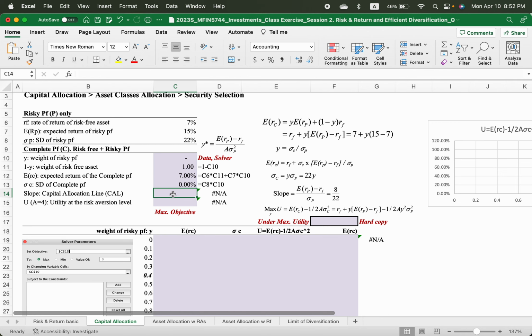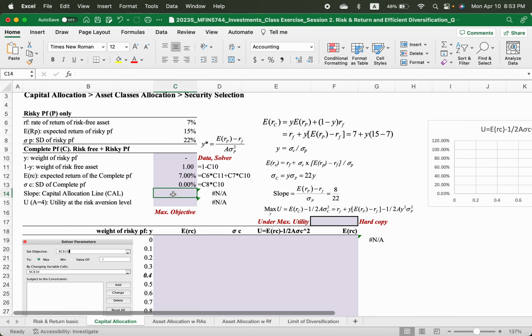Slope, which is the slope of the capital allocation line. How do you calculate this? Yes, the excess return over the standard deviation of the risky portfolio, right? Anyway, the slope of the capital allocation line of the risky portfolio is the same as the slope of the capital allocation line of the complete portfolio.